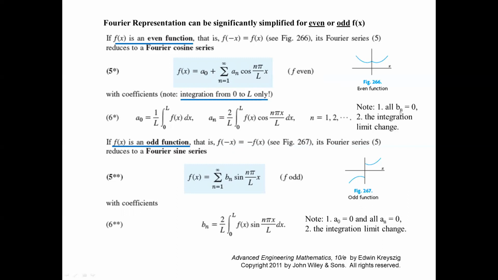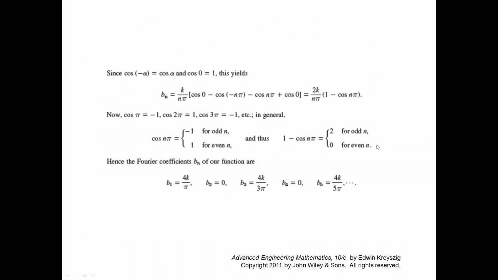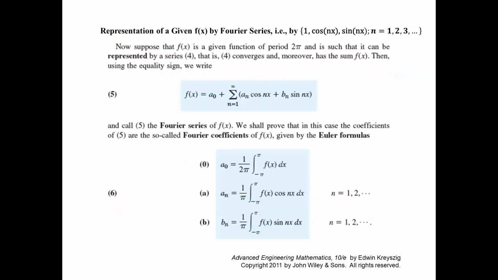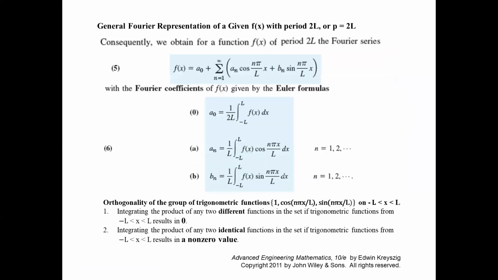Why Bn is equal to 0 for an even function f can be seen from this expression.